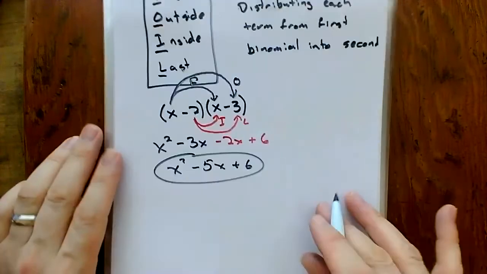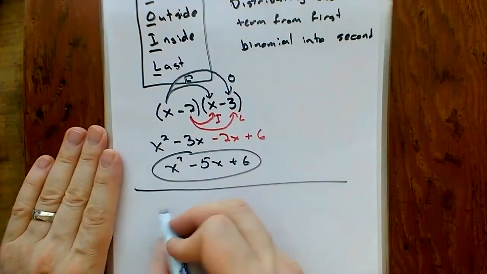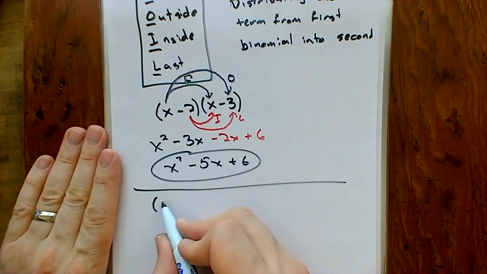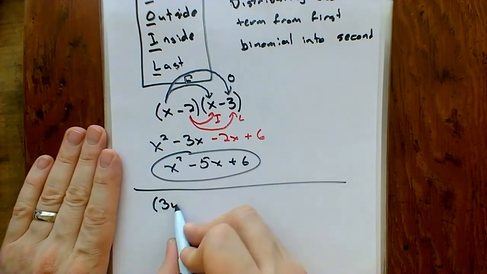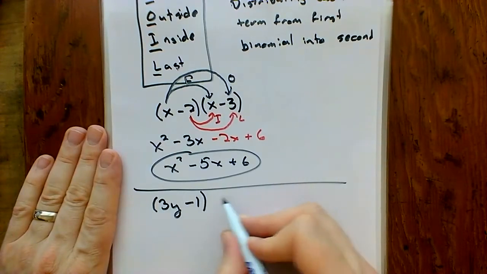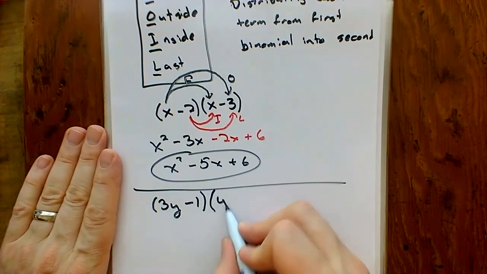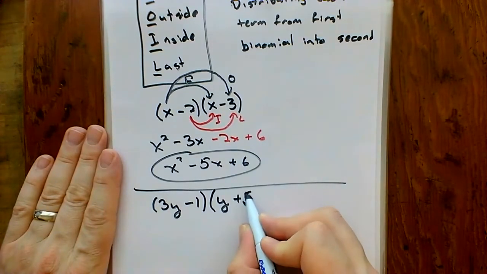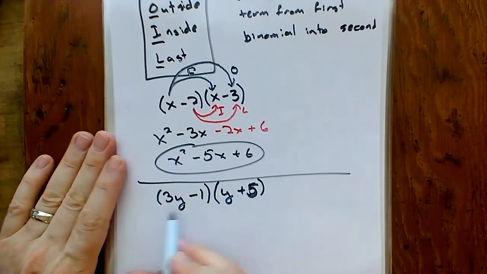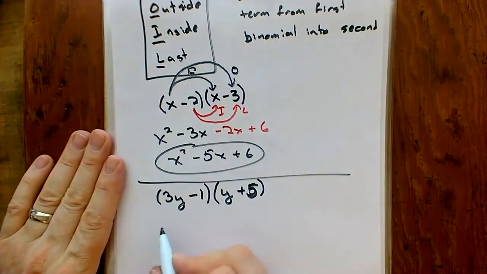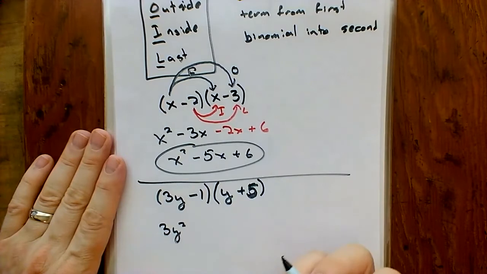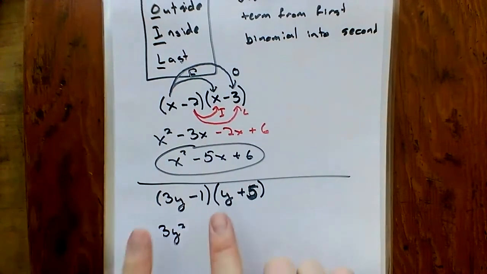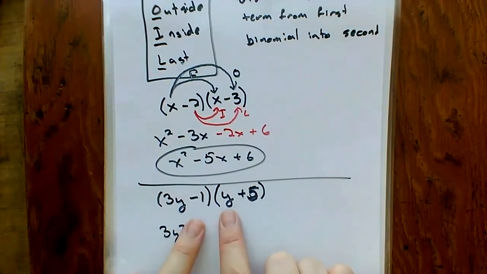Let's do it again. I'm going to do something maybe a little bit more complex. I'm going to say we've got 3y minus 1, and I'll multiply this by y plus 5. Again, first, 3y times y is going to be 3y squared. My outside terms. So first, outside, inside, last.